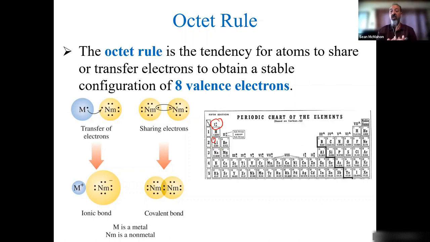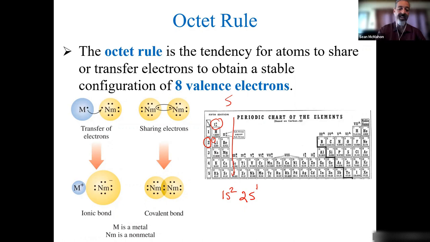But if it's neutral, it has 3 electrons as well. The first 2 electrons go into that 1s2 orbital. The next electron, this is why it's in period 2, it's in the S block, and it's in group 1A, goes in the 2s1.